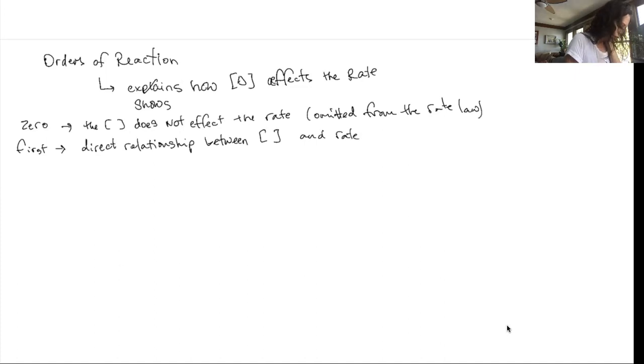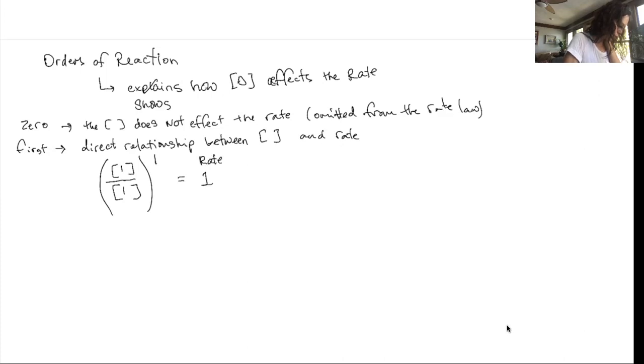Okay, so let me show you how you can figure it out. We know that the concentration here is first order, right? So let's double. Here's, if the concentration is 1 and 1, then the rate is 1, right?